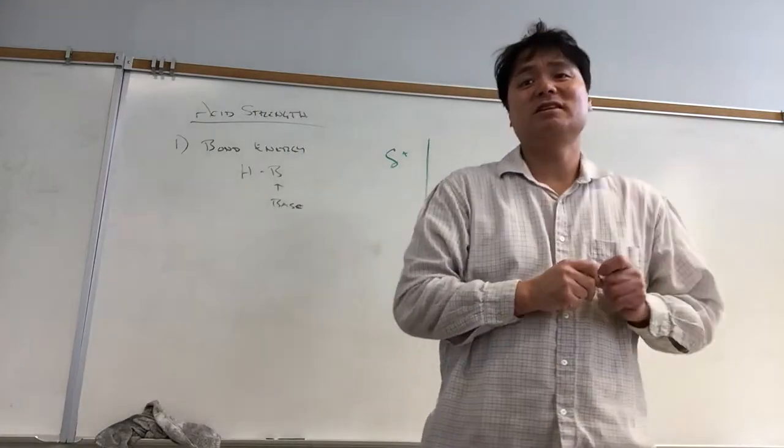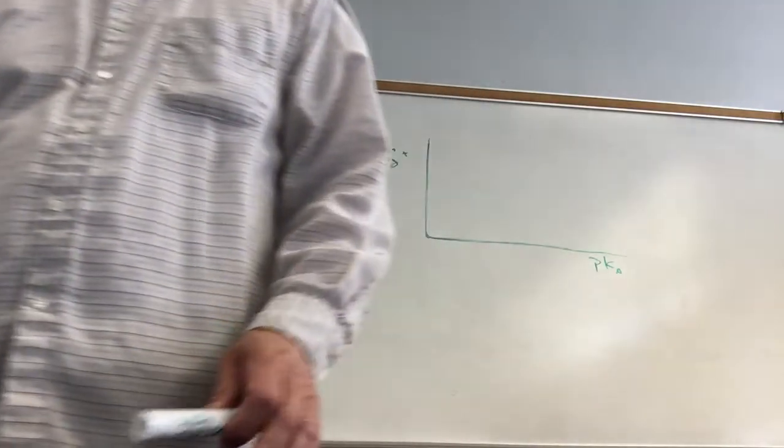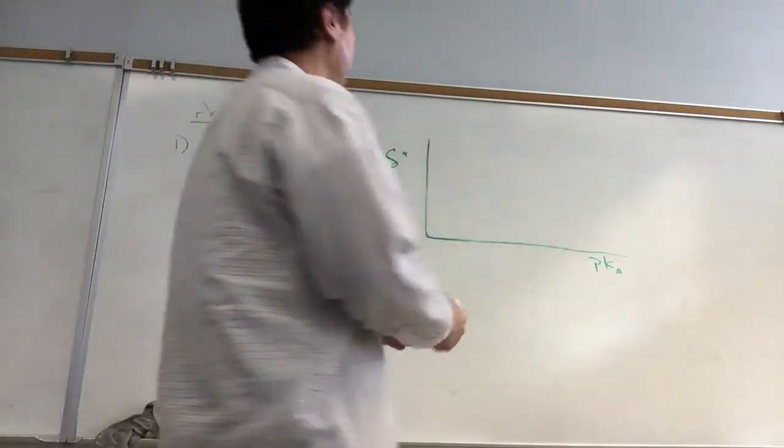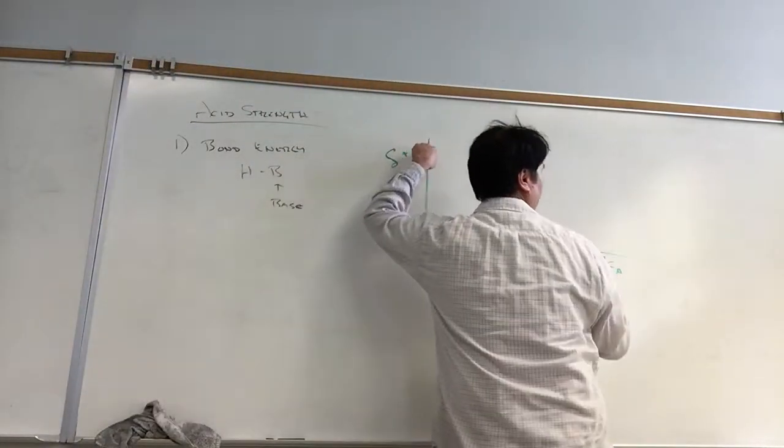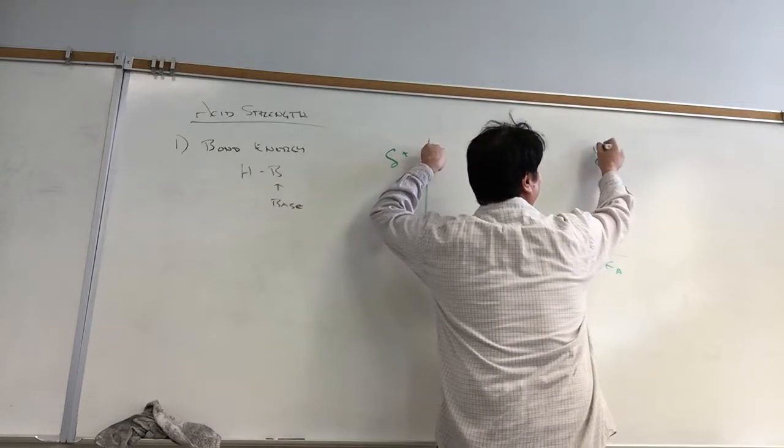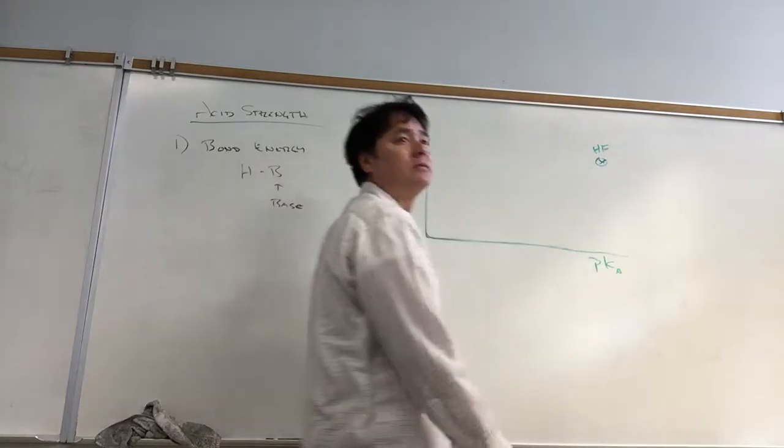But HF, is it a strong acid? No, HF is a weak acid. And so HF has a big delta plus, but it's a weak acid, so it has a high pKa. So HF is something like this, here.